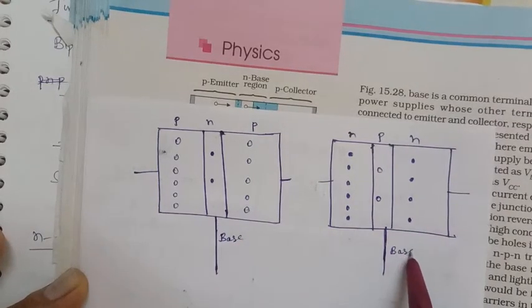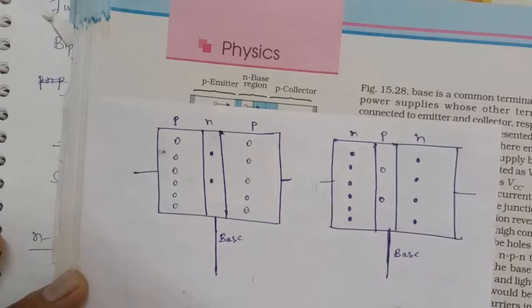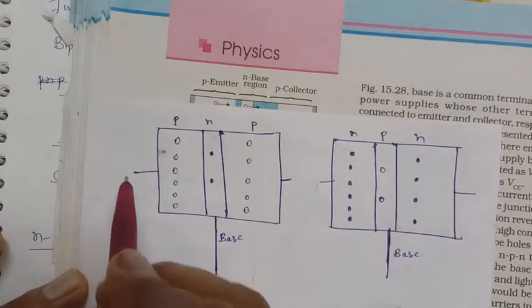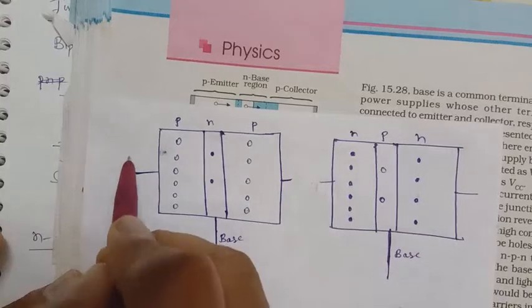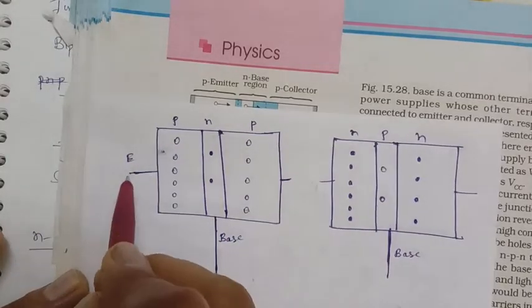Base is common. Here we will take the input between emitter and base.